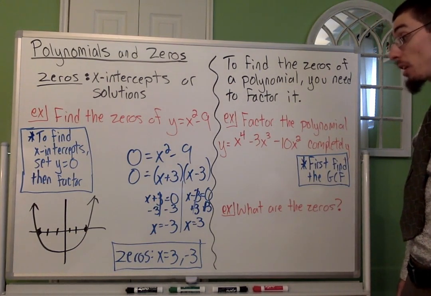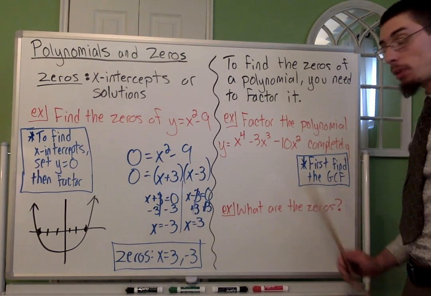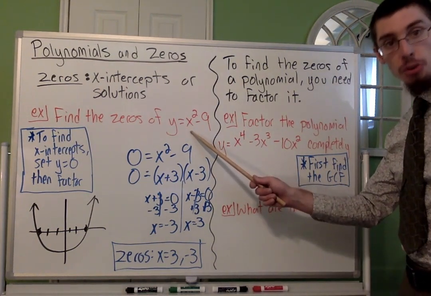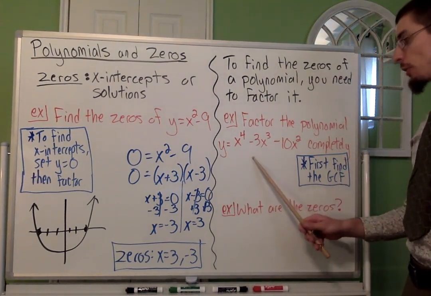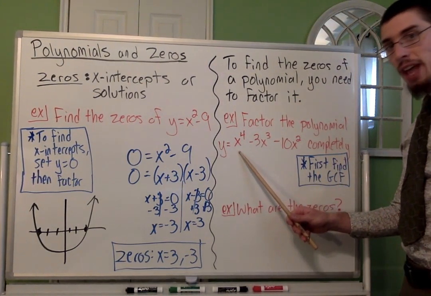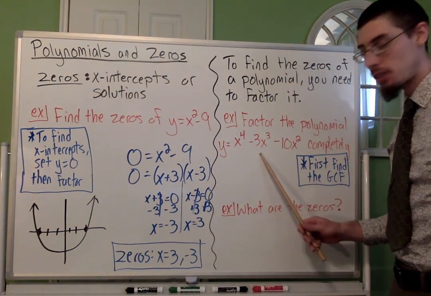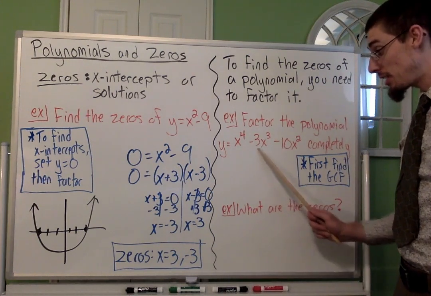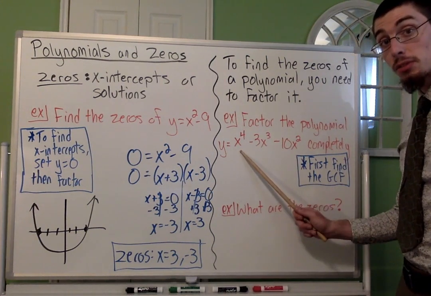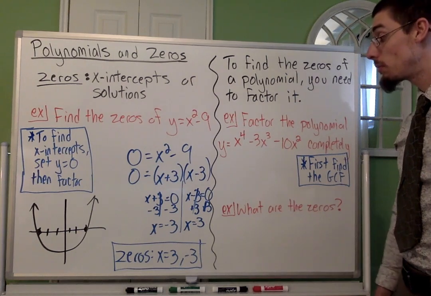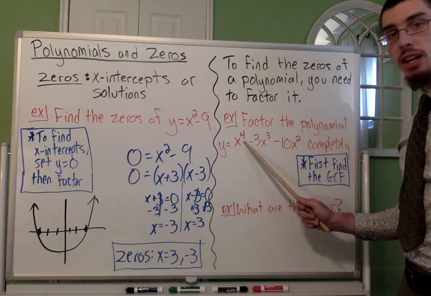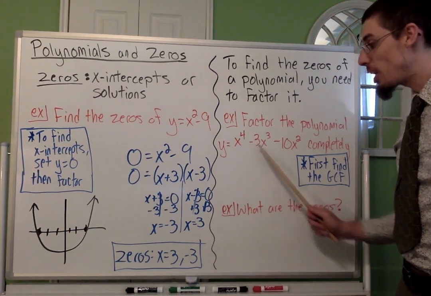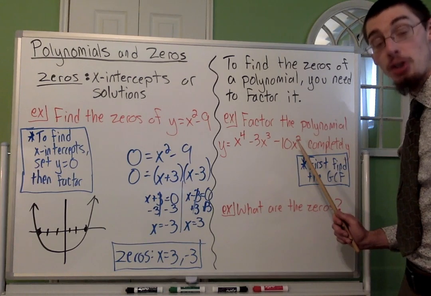So, we're going to look at an example of factoring a higher degree polynomial than just a 2. So here's what we have. Y equals x to the 4th minus 3x cubed minus 10x squared. Since there are 3 terms, it's a trinomial, and the highest degree is 4. So it's quartic. So this is a quartic trinomial.